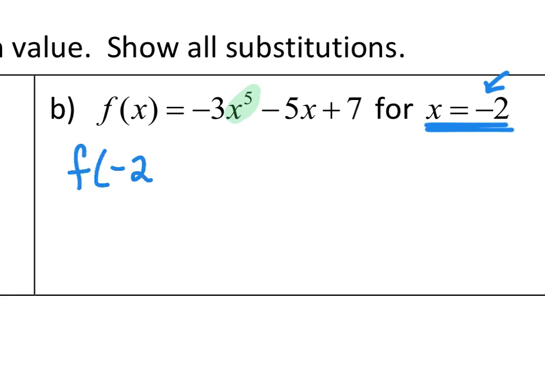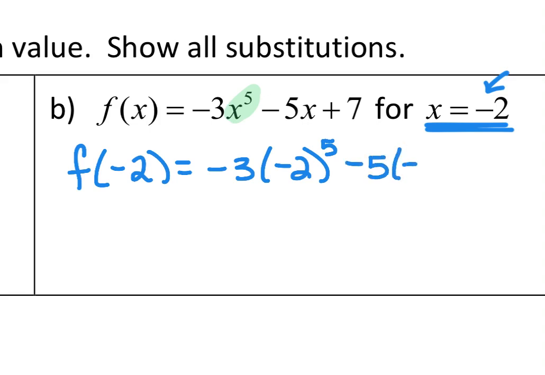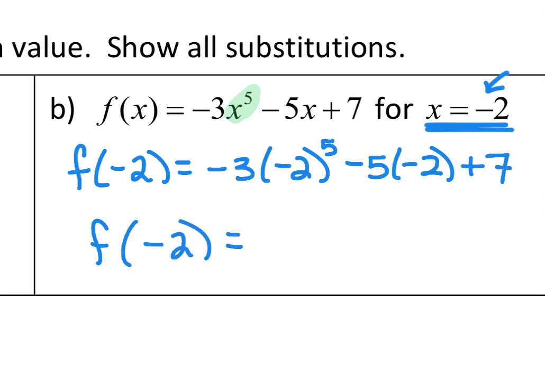We're finding f of -2, and the substitution is -3 times (-2) to the 5th power minus 5 times (-2), and then plus 7. And then type all of that into your calculator, hit enter, and you will see that f of -2 equals 113.